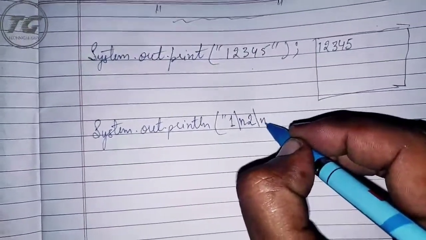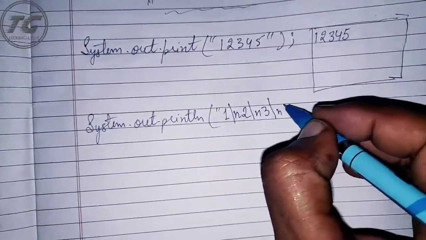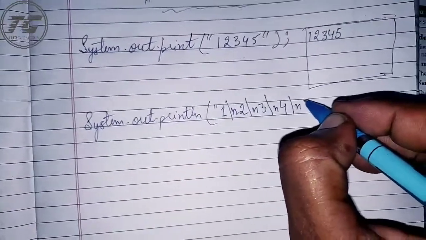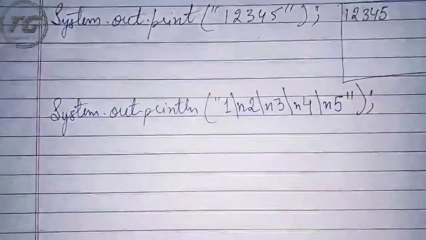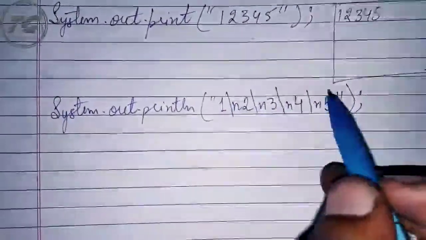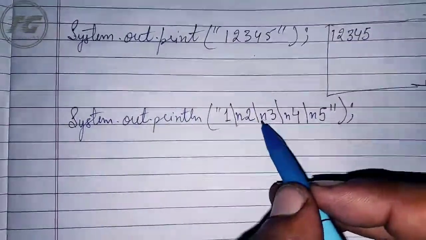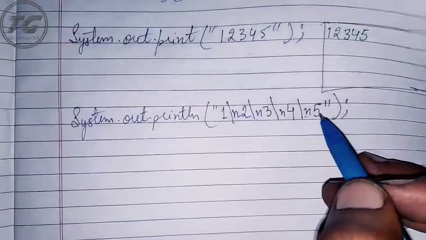Then I have written 2 \n, then 3 \n, then 4 \n, and finally 5. So this is also a string, and it has some escape sequences: 4 escape sequences are there.